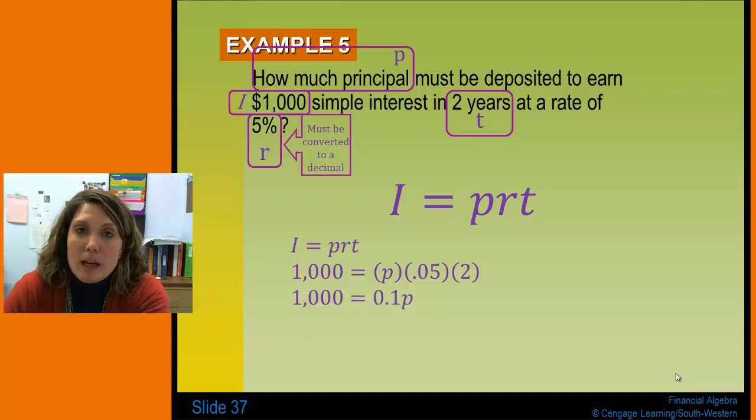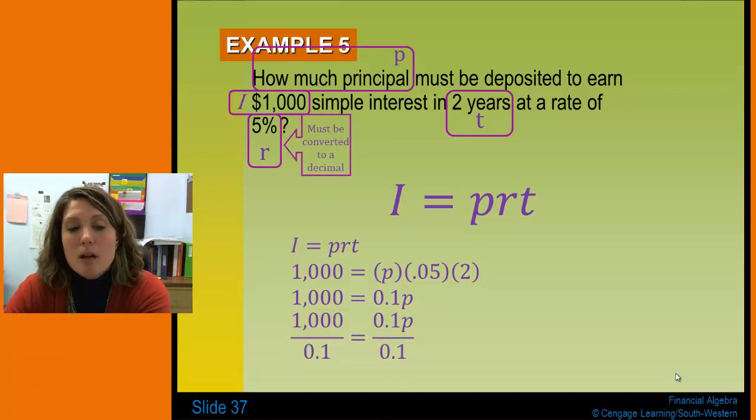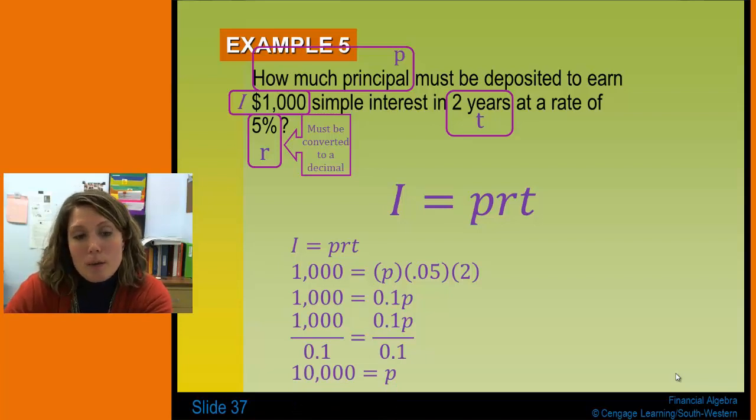So when we do our multiplication, or as much as we can, we end up with 0.1P equals 1,000. In order to solve this, I need to get the P by itself. Because multiplication is going on, we know that the inverse operation is division, so I need to divide both sides by 0.1. So the principal amount that I would have needed to start with would be $10,000 in order to earn $1,000 over 2 years at a 5% interest rate.